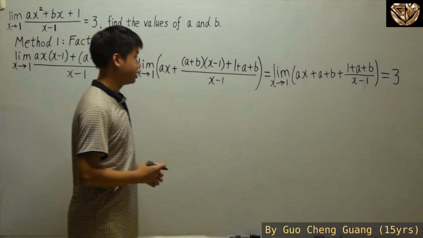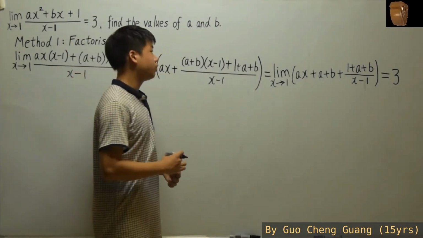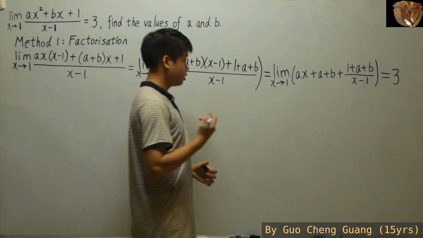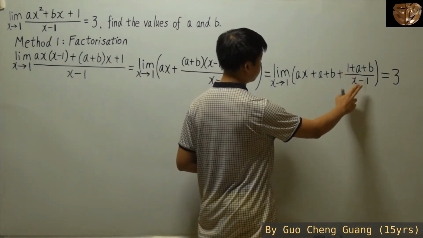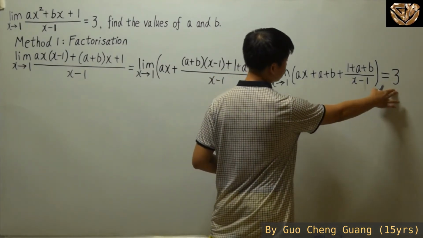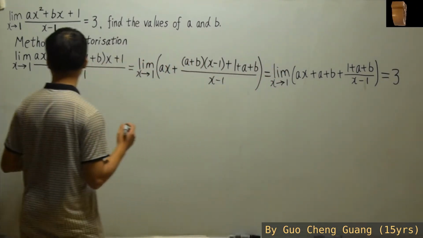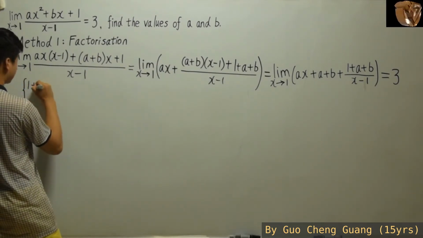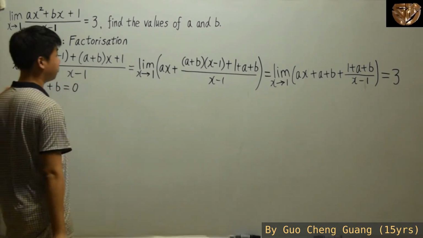Now that we have reached this step, what can we continue with? There are a few different ways to look into how we can solve this part specifically. Since you look at the last term, you have something over x minus 1, and if you sub in the x, there will be a 0 in the denominator. But since this is a 3, not infinity, one of the things you can derive is that 1 plus a plus b is equal to 0.